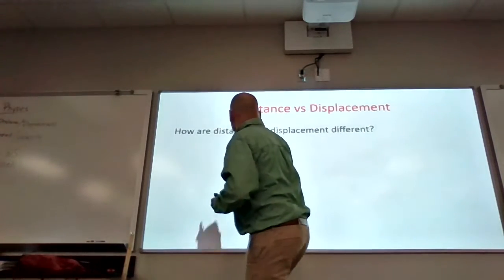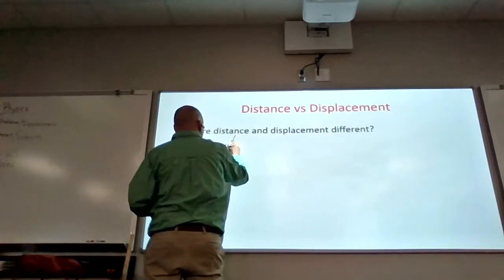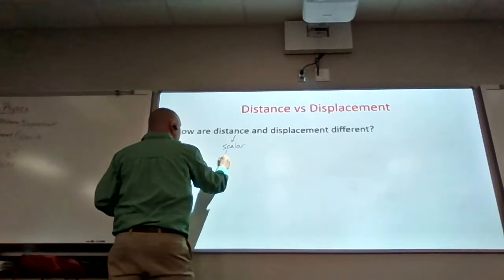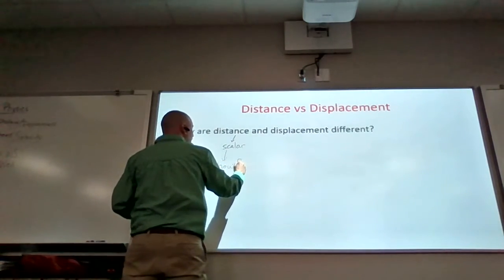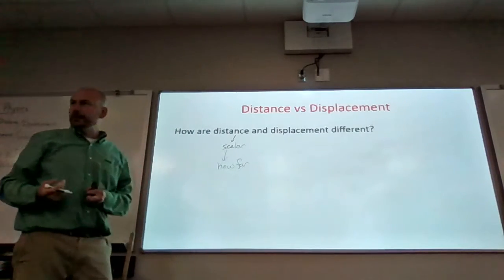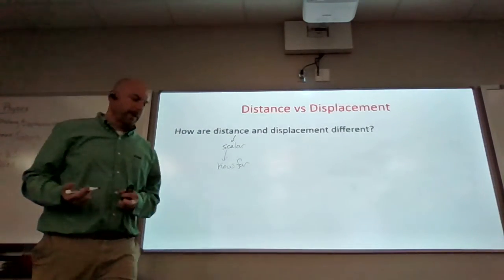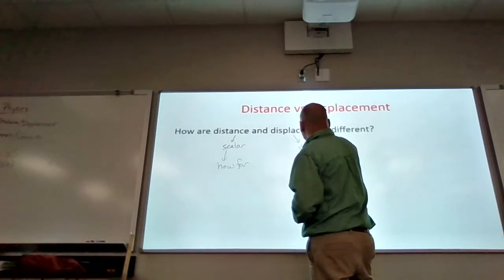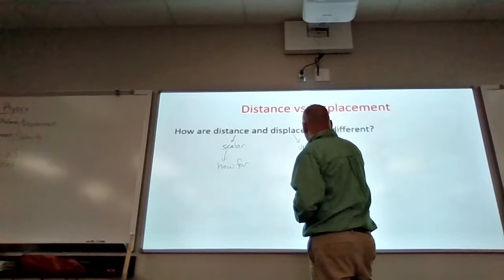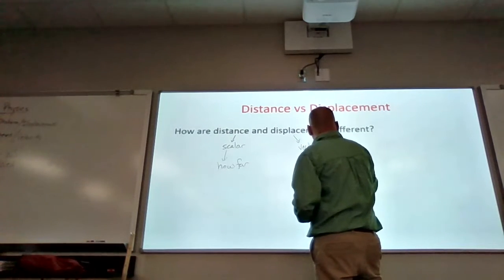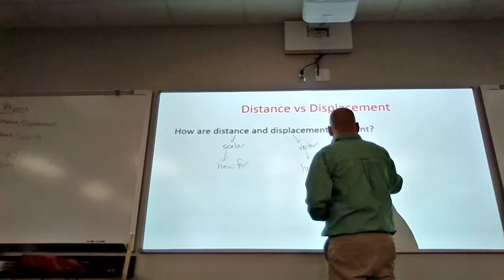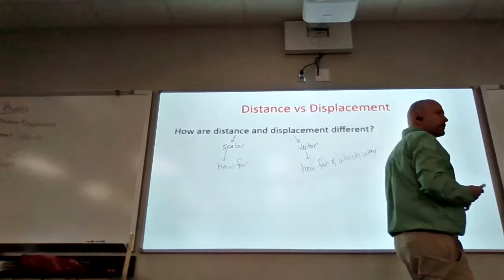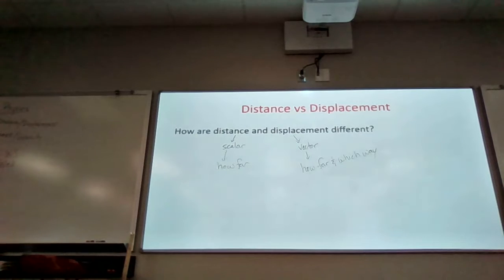So distance, this is a scalar. This just communicates how far. The magnitude is how far. Displacement, this is a vector. And it communicates how far and which way. It communicates both magnitude and direction.